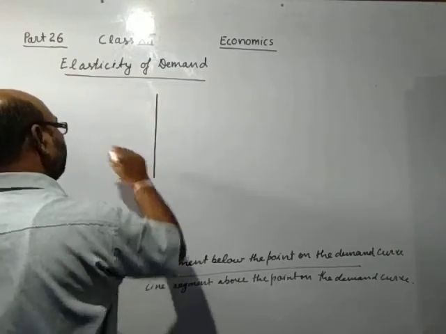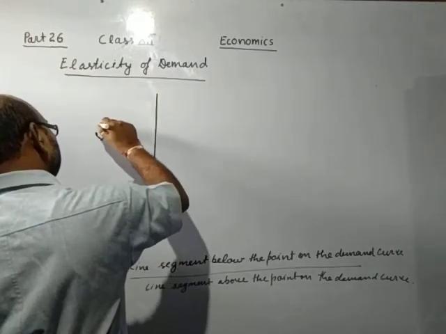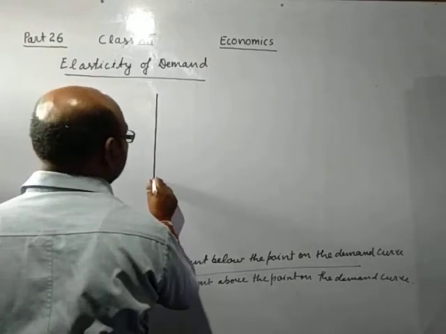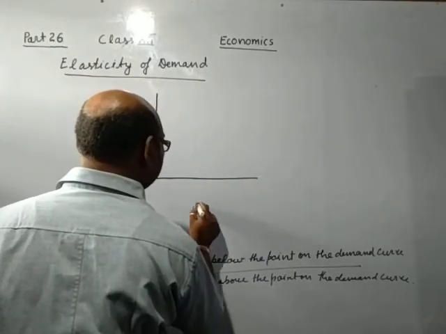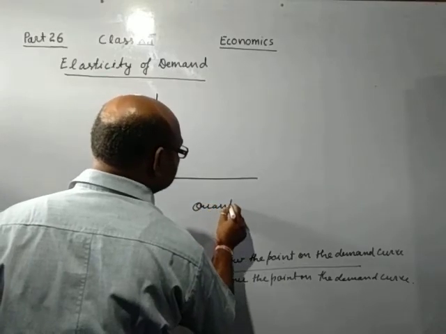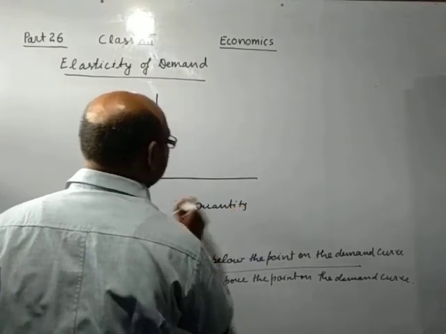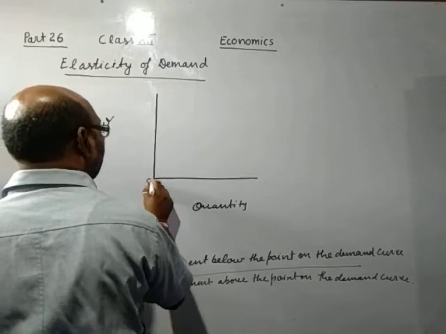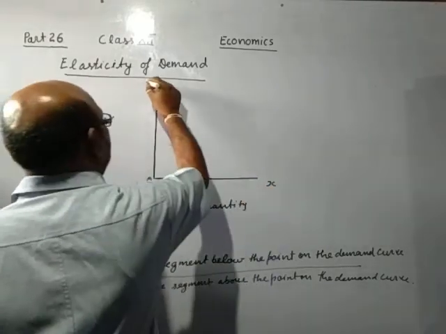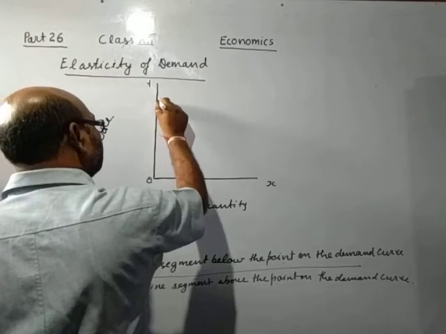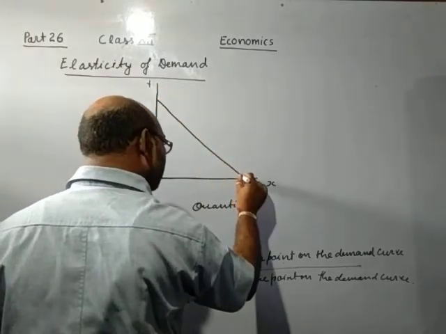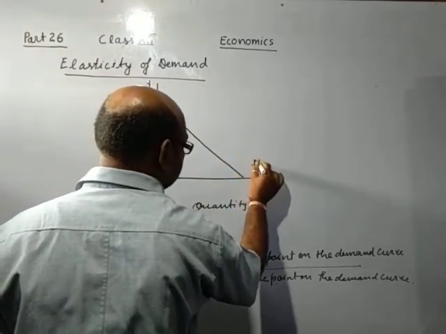Now this is the price and this is the quantity. This is OX and this is OY. Suppose this is a demand line.